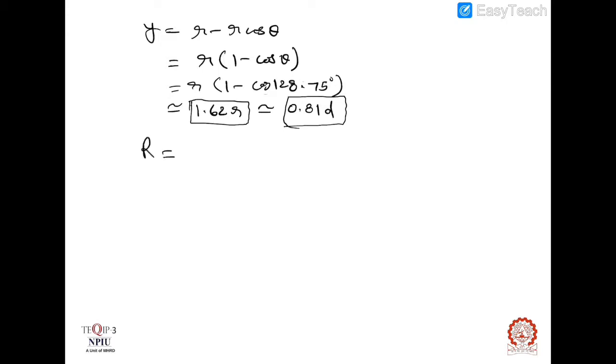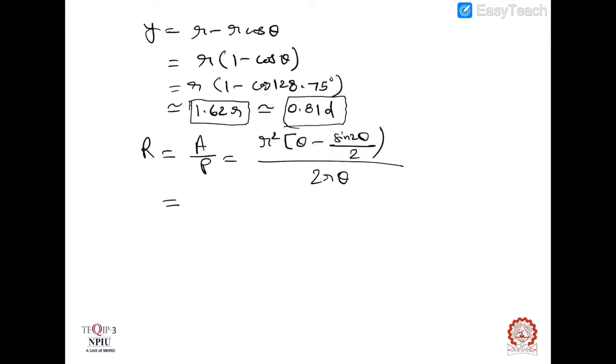Now let's find the hydraulic mean depth, A upon P. Area is r square (theta minus sine 2 theta) divided by 2, and perimeter is 2r theta.